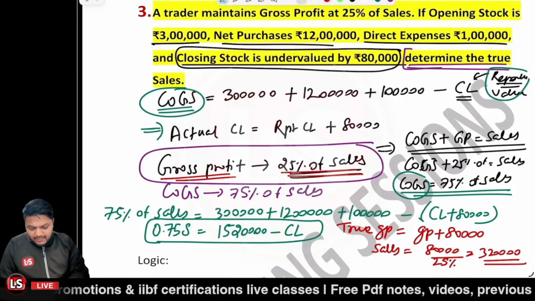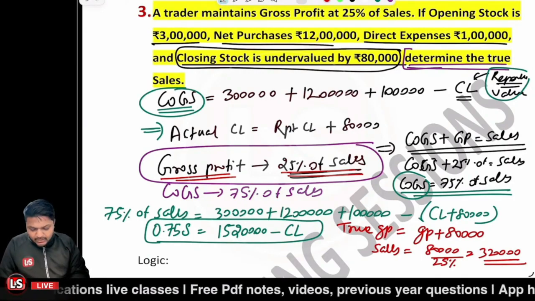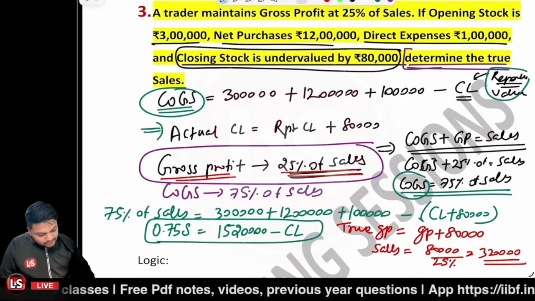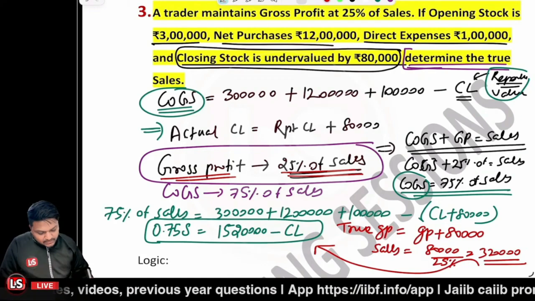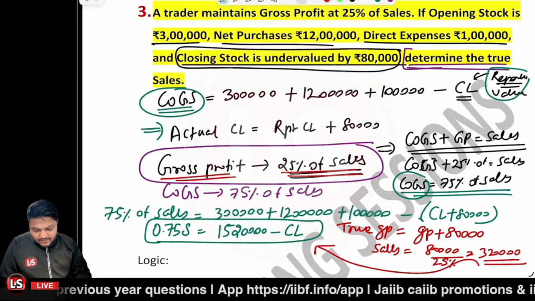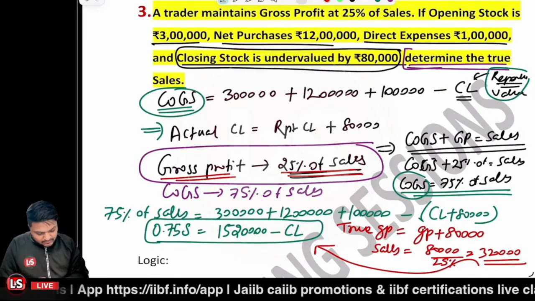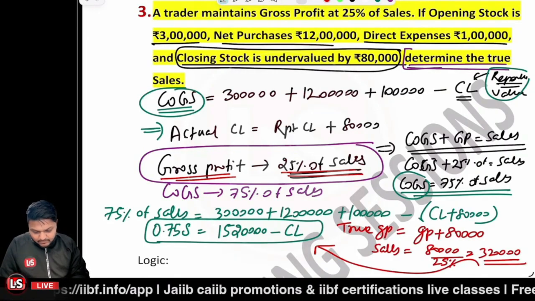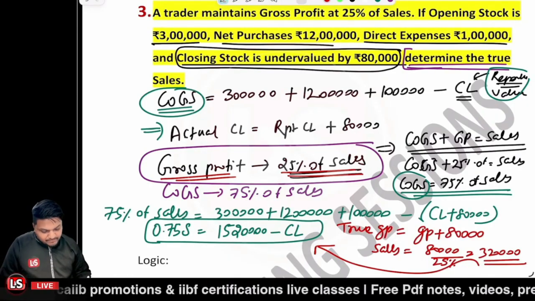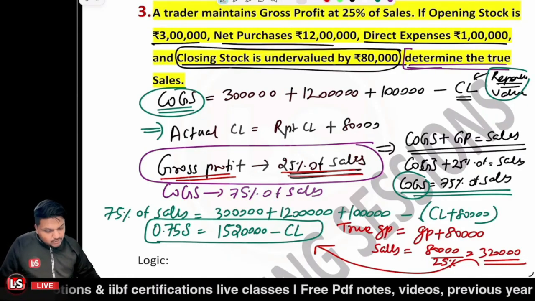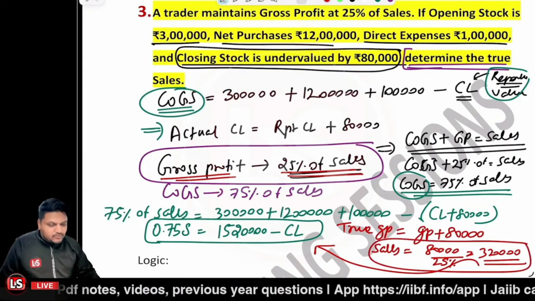So it is 15 lakh 20,000 plus 3,20,000 into 0.75, so 0.75 gives 2,40,000, and 15,20,000 minus 2,40,000 is 12,80,000, right? So the true sales is 3,20,000. We have already calculated it over here. So that would be the answer.